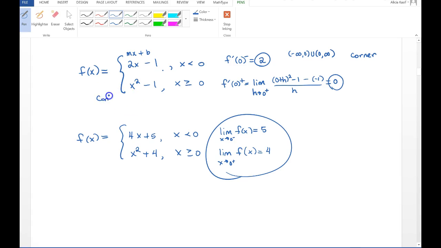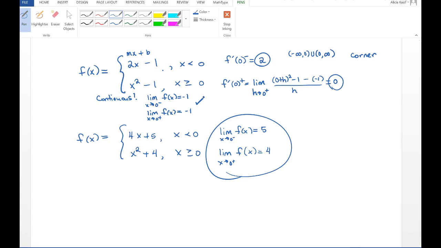When I asked if it was continuous, if you plug in 0 from the left you got -1, and from the right you also got -1. So check. We did that, I just didn't write it down.